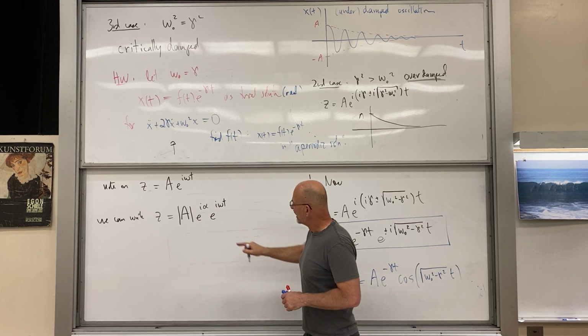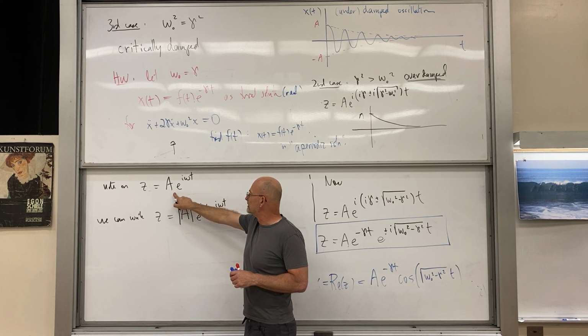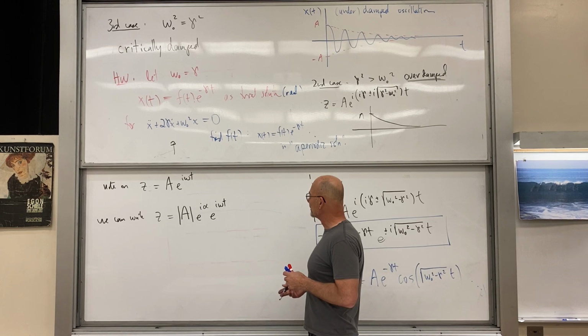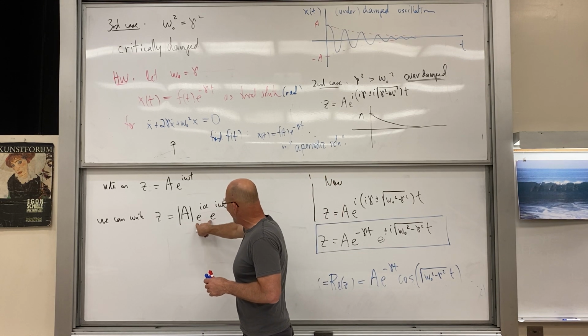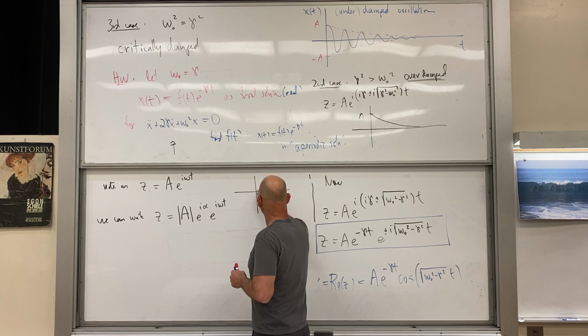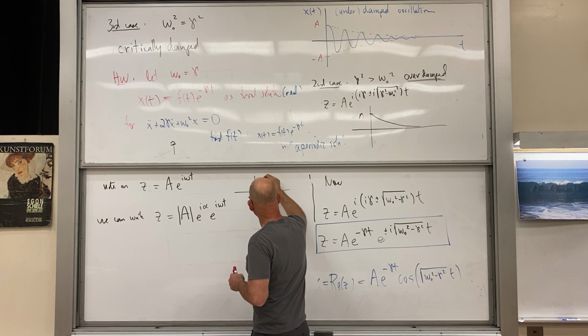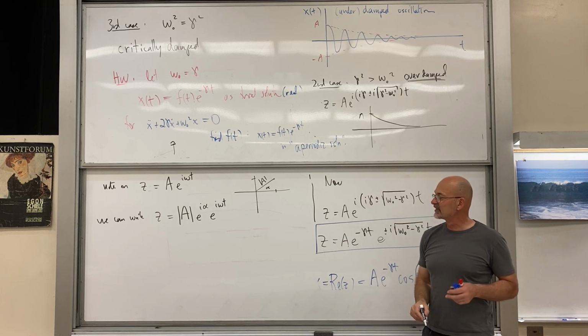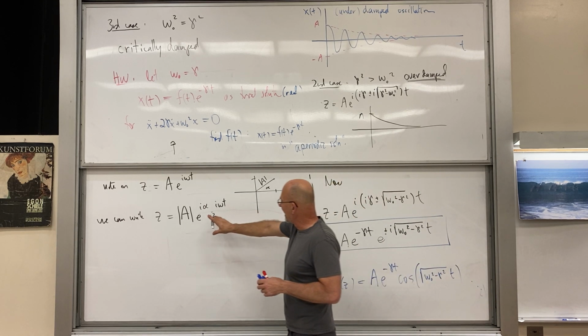So if A is a complex number, just a constant complex number, then it has a magnitude and a phase. Remember? That would be alpha, that would be A, that would be the point. That would be this complex A right here.